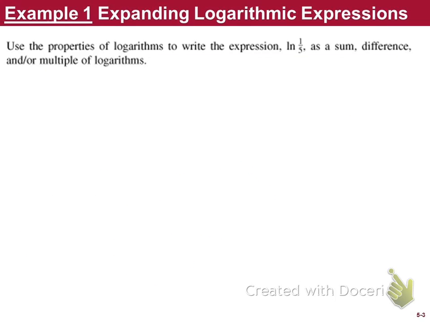Alright, so just a practice with expansion. We want to use properties of logarithmic expansions to rewrite this expression, the natural log of 1/5. Because it's a quotient, remember it can be rewritten as the natural log of 1 minus the natural log of 5.